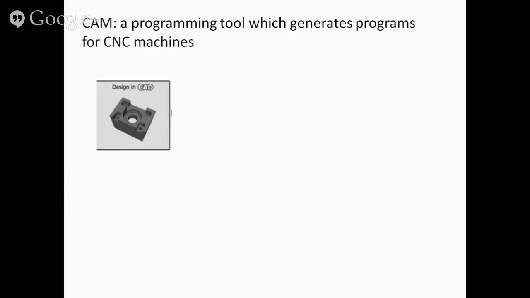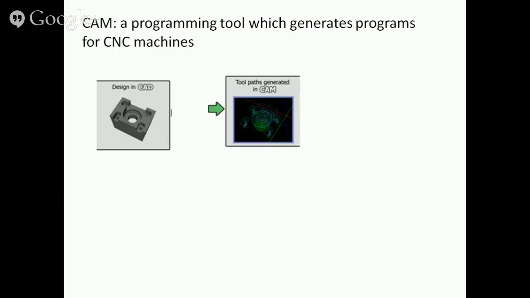A part to be manufactured is first designed in computer-aided design software, a so-called CAD system. You are familiar with AutoCAD. In a second step, a CAM software transforms geometrical data into cutting tool paths.